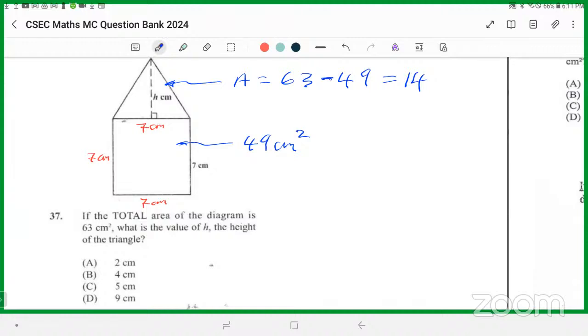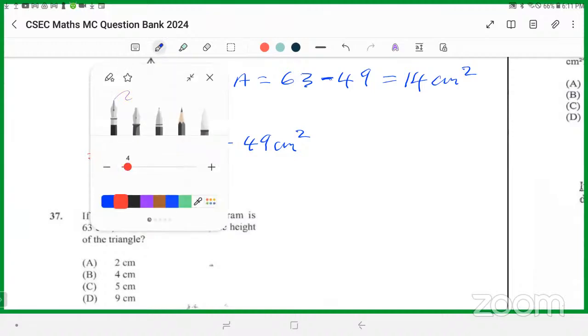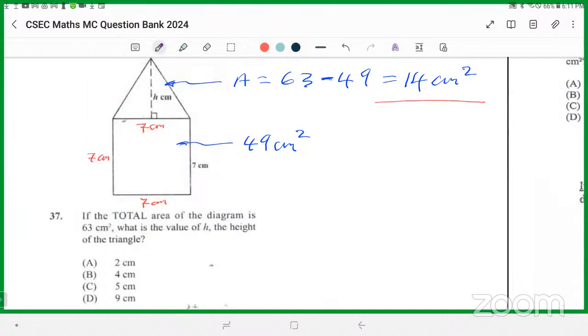So the area is 14 centimeters squared up there. So you know now that this area of 14 is half this base times this height. So half of 7 times the height is equal to 14. That's what you're working on. So the height is what?